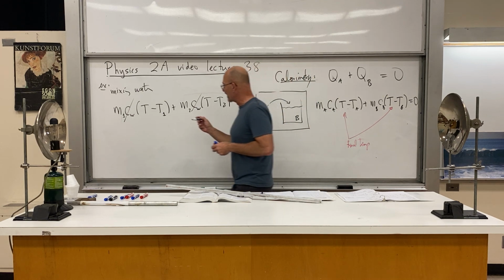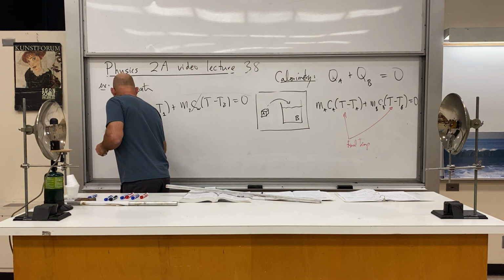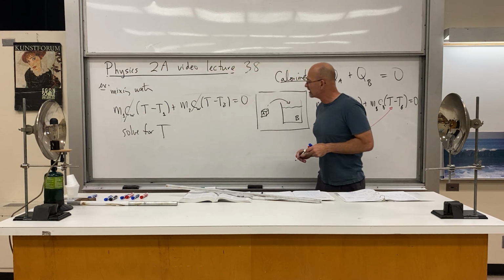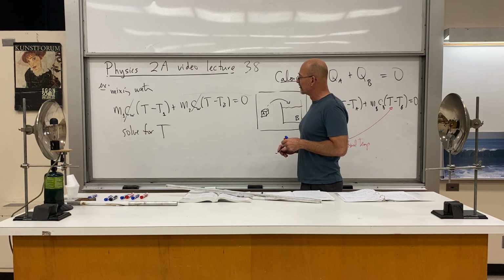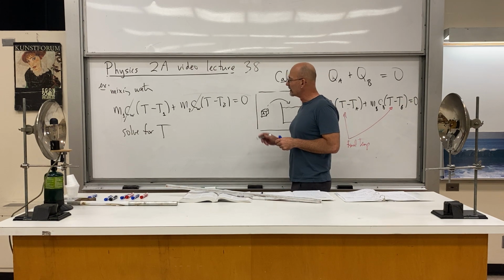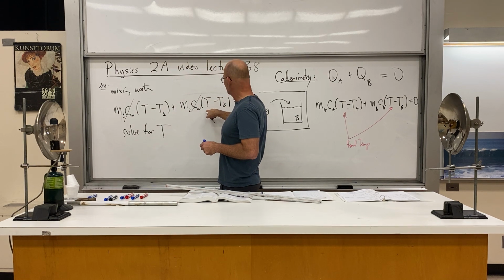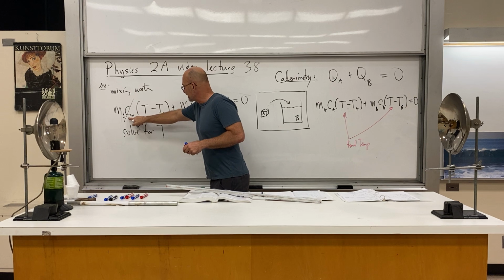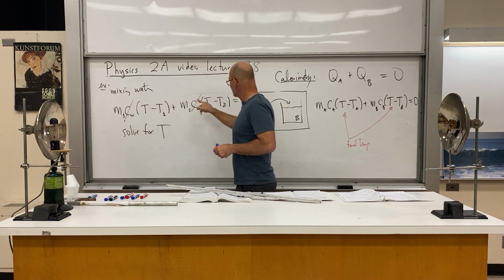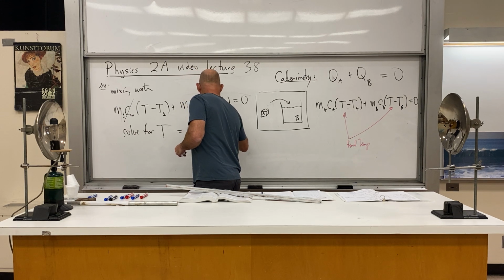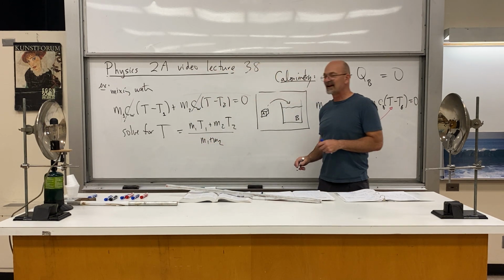I'm just going to write solve for T. If you solve for T as your unknown, you've got M1 plus M2 times T equals M1 T1 plus M2 T2. So T equals M1 T1 plus M2 T2 over M1 plus M2. So that's the kind of thing you can do here.